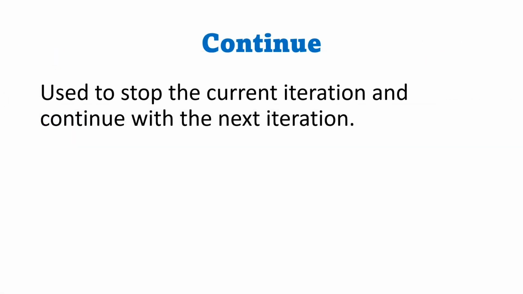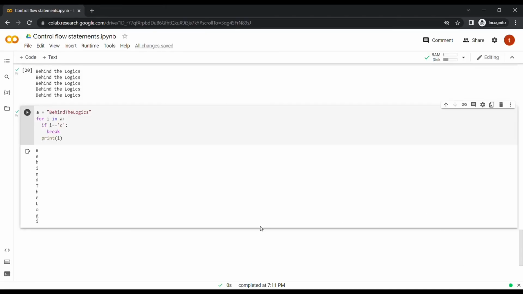Next we'll see about continue statement. Continue statement is used to stop the current iteration and continue with the next iteration. When we want to skip an iteration on a specific condition, we use continue statement. Let me show you an example for this.